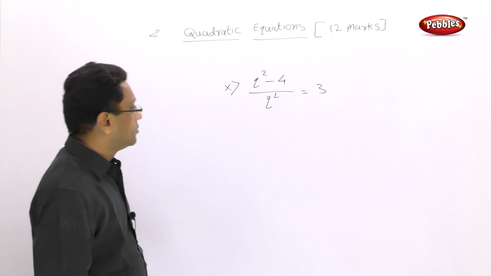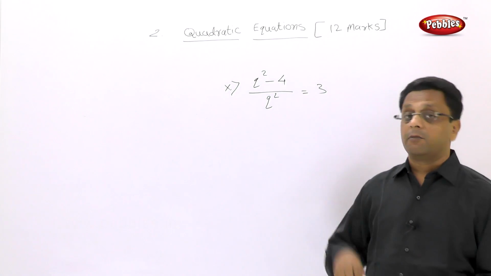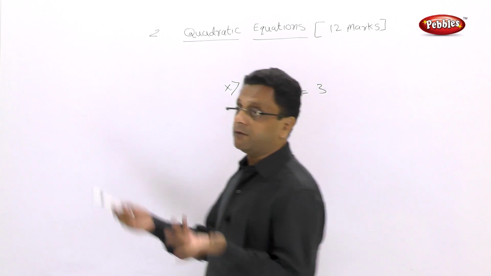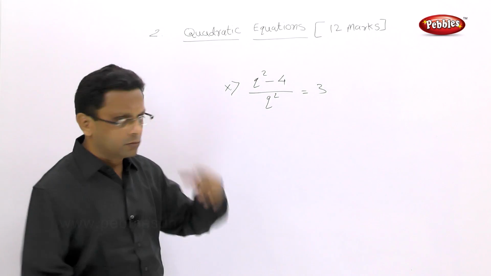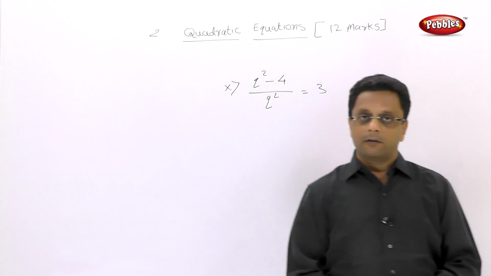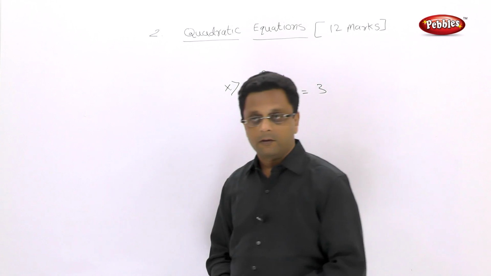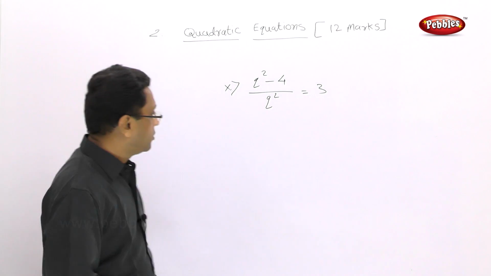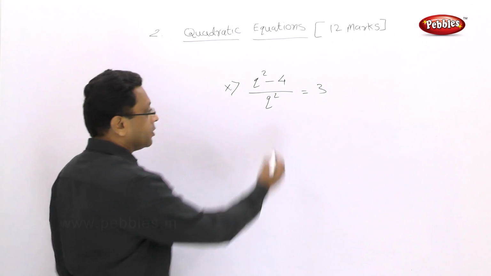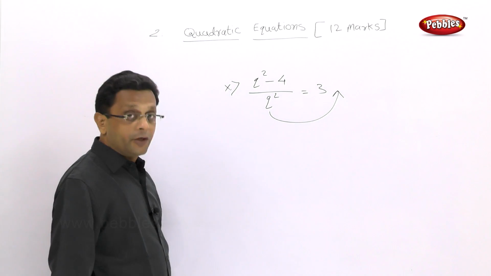What about this? Sir, you told us the variable can be x, y, m, n, but here it is q. So this is not a quadratic equation, right? Mind well, this q is also a variable. Now how will we do this? Transfer this q here. So this will become 3q square.